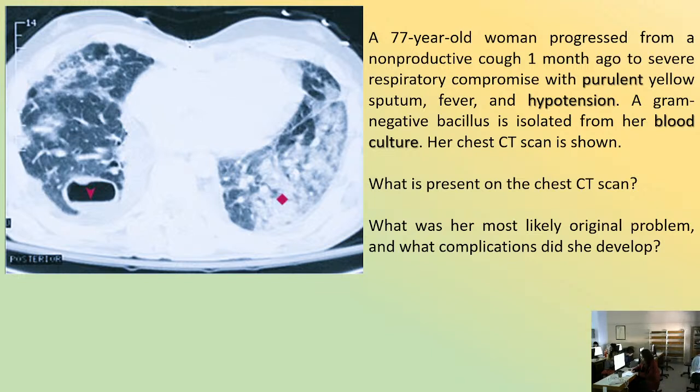And what is the process? Which tissue is formed? Fibrous tissue, and this makes the cavity, and this is the abscess as a complication of a bacterial pneumonia.